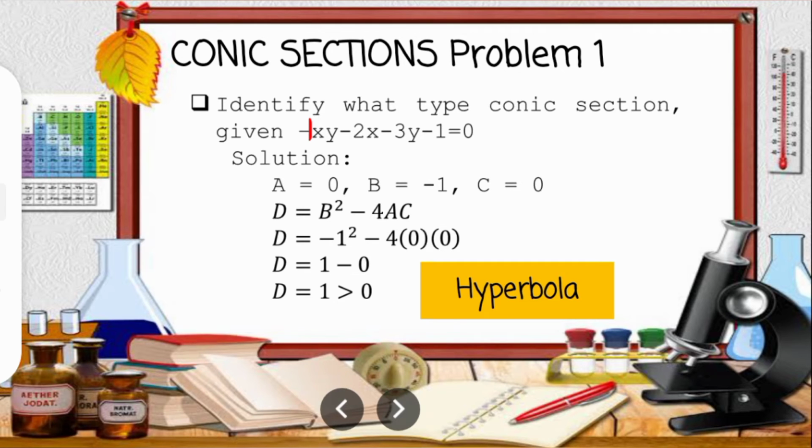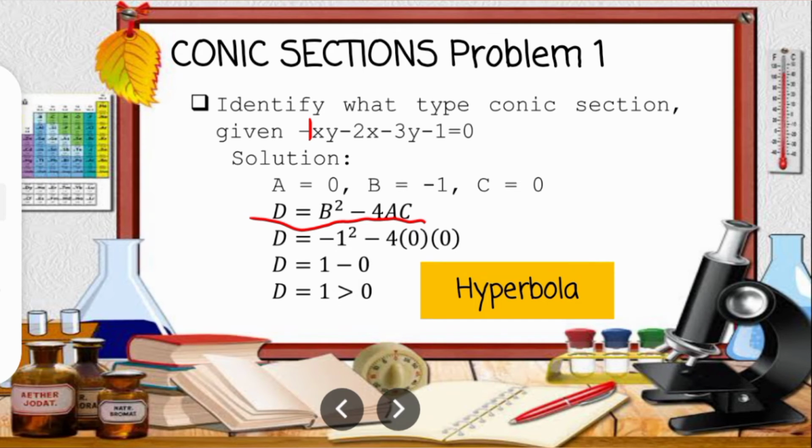And then our C, which is the coefficient of y squared, has the value of 0, because it is not in the given. Now, we have the values of A, B, and C. Next, we use the formula for the discriminant of that conic section: discriminant is equal to B squared minus 4AC. So first, we find the value of B squared.